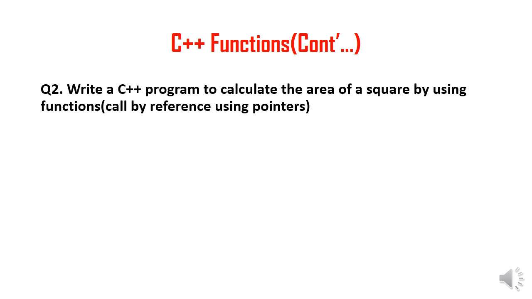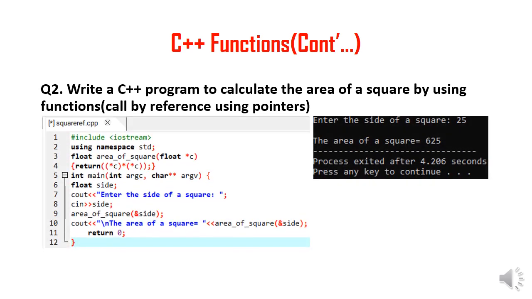So now let us see how we can create a C++ function and call it by reference, where the formal parameters are pointers. Write a C++ program to calculate the area of a square by using functions, and you call it by reference using pointers.